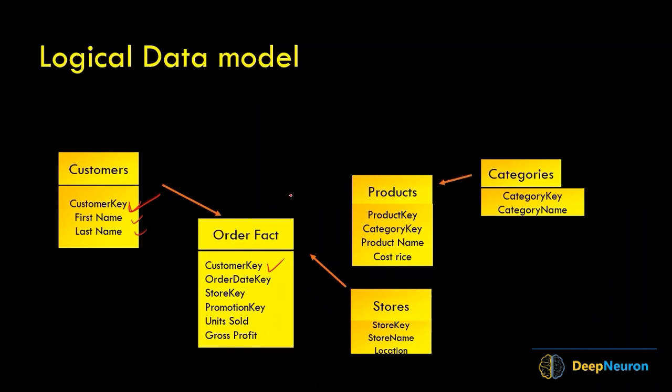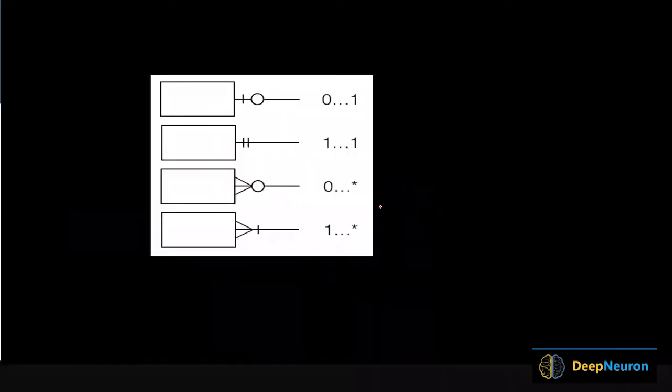So in the conceptual data model, we just identify the tables and how they interact with each other. In the logical data model design, we understand the business rules and identify all the attributes required for each and every table or entity.